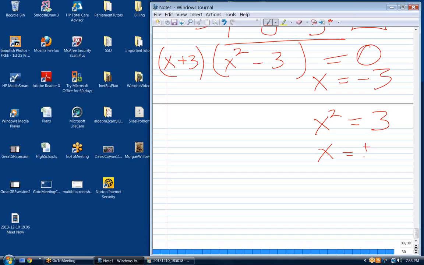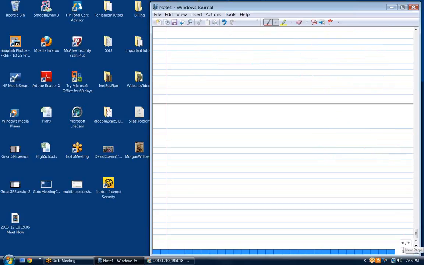Plus or minus root 3. You don't need to convert it to a number. You don't want to. So your three answers are x equals minus 3, x equals plus root 3, and x equals minus root 3. Okay, you good with that one?